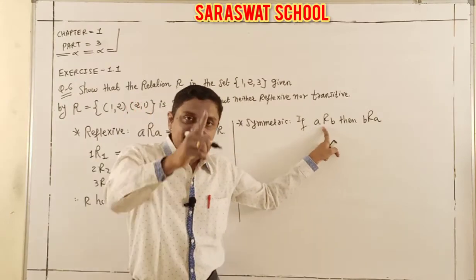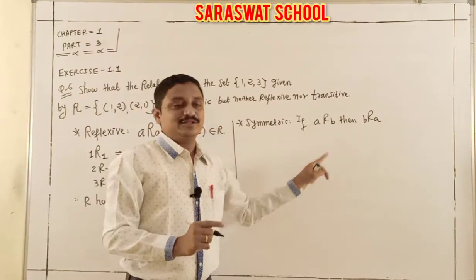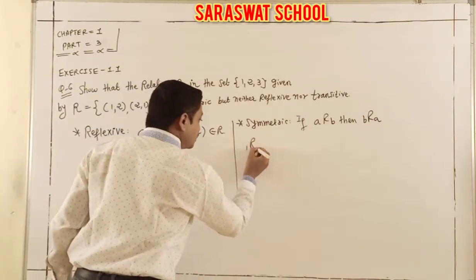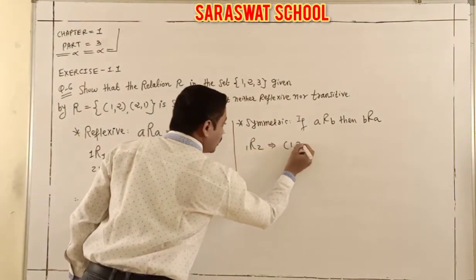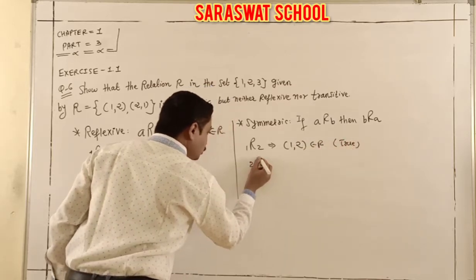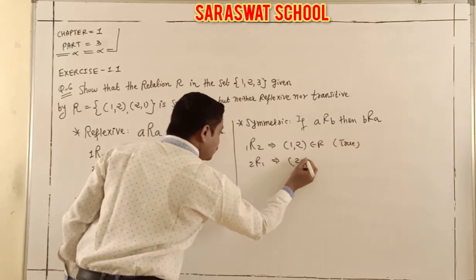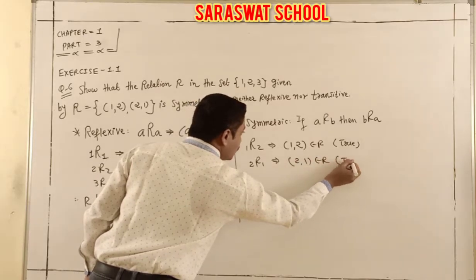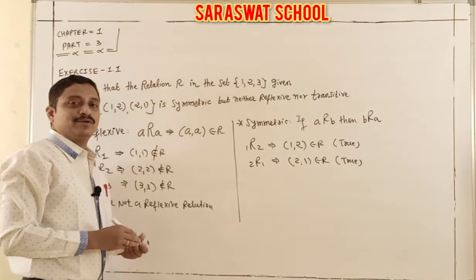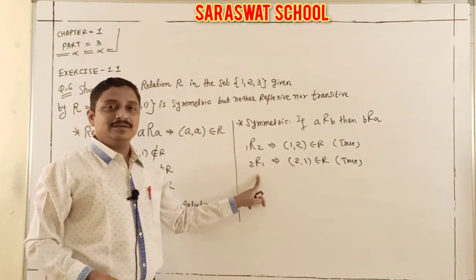First take a necessarily true pair, (1, 2). So I take 1 related to 2: (1, 2) belongs to R, true. So what about (2, 1)? (2, 1) also belongs to R, true.